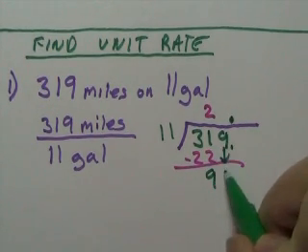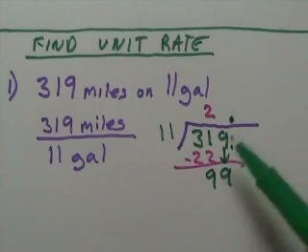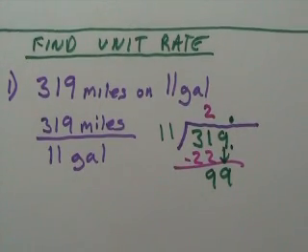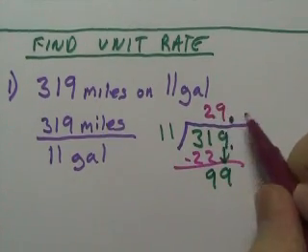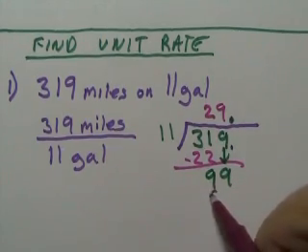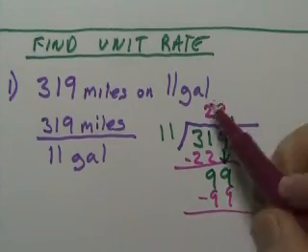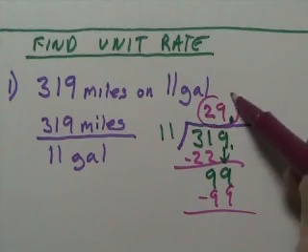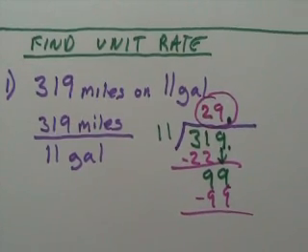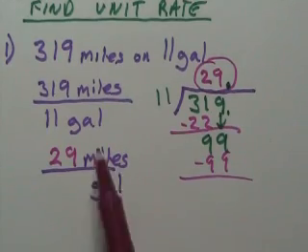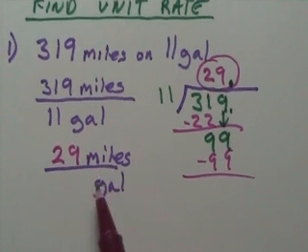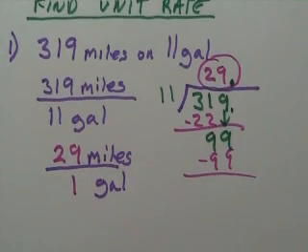Bring down the other 9. 11 goes into 99 9 times. 9 times 11 is 99. And so we're done. So the answer is 29. So our unit rate is 29 miles per 1 gallon.